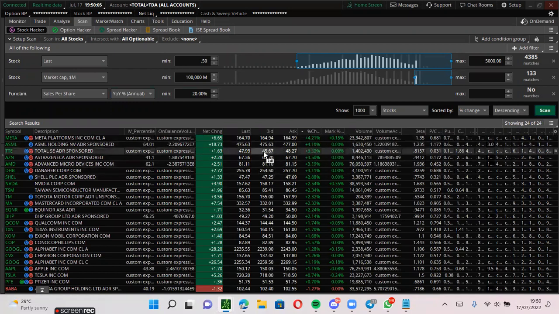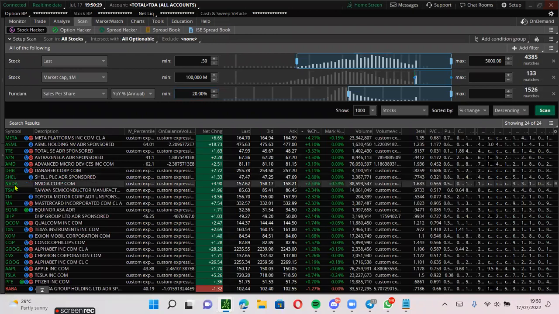So Meta, eventually they're having better sales. But again, this is based on the previous earnings report. I'll do year 20%. The 24. Okay, these are the stocks which did pretty good.